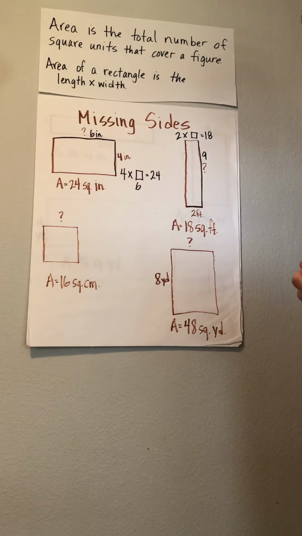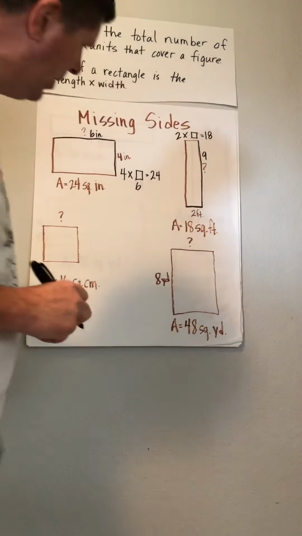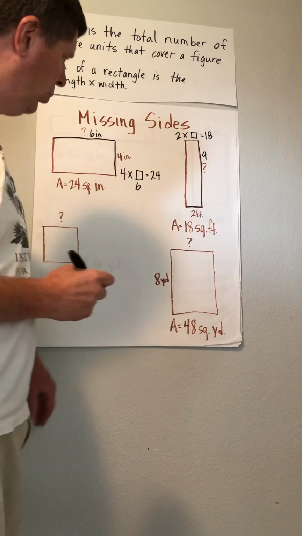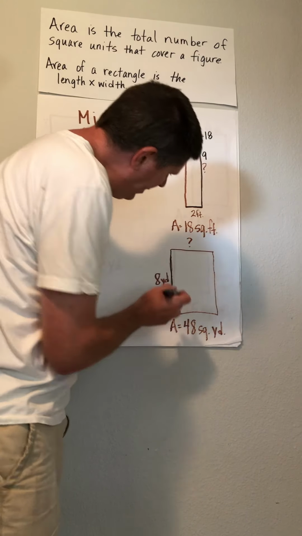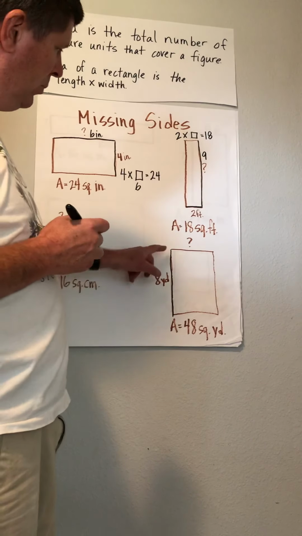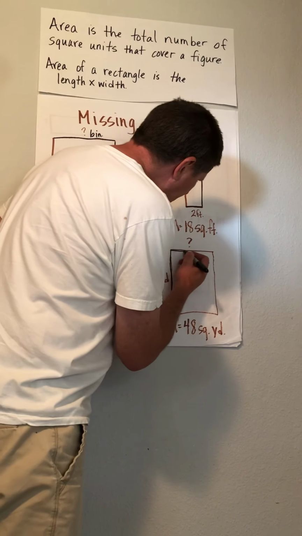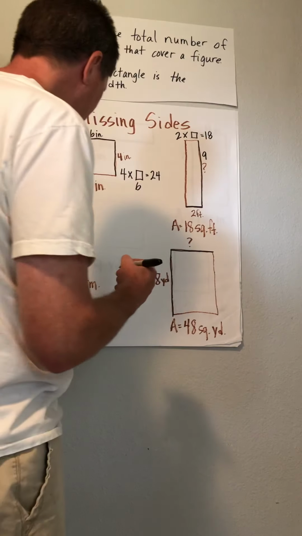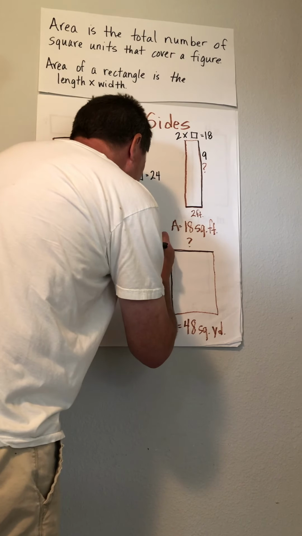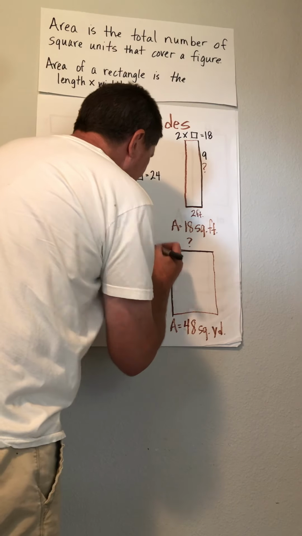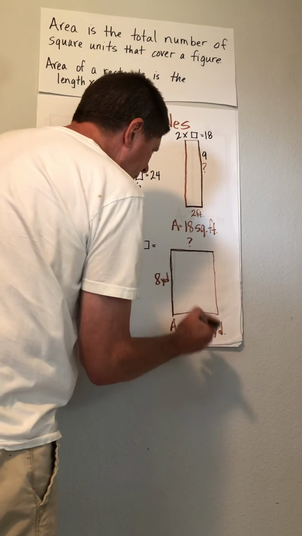Okay, let's move down to this one. Again, we know one side. We know that this side is 8. What we don't know is this side. So 8 times something equals 48.